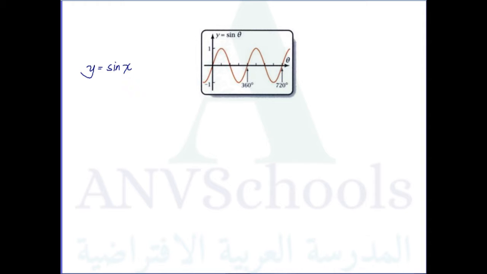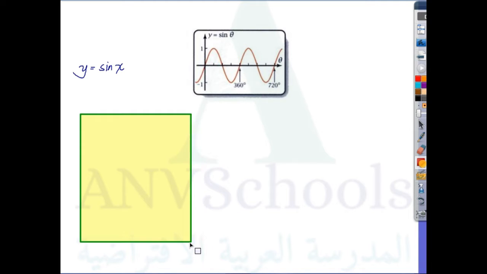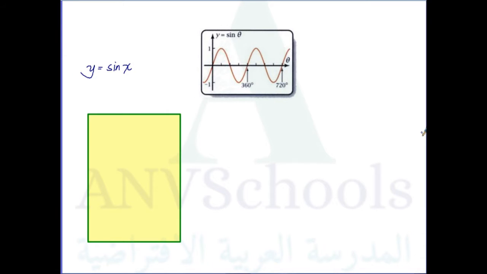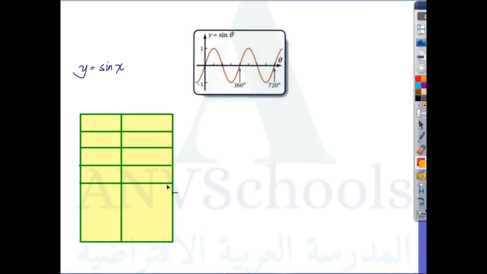If I am to create a table for the angular values of x to show the value of y for each x, let me have at least 6 cells for the values of my x. And x here is in terms of angles.